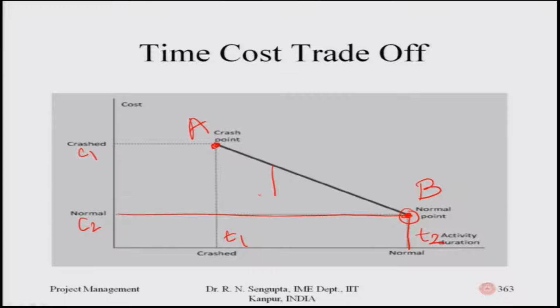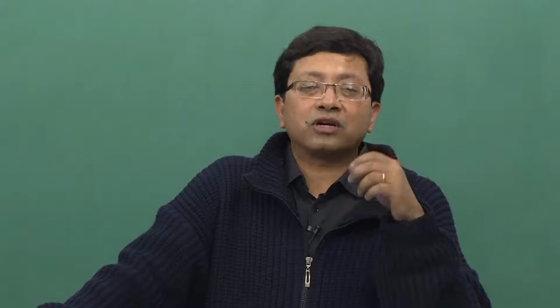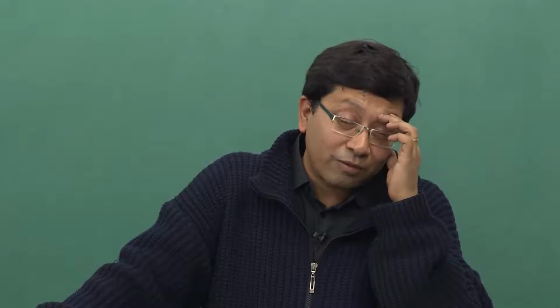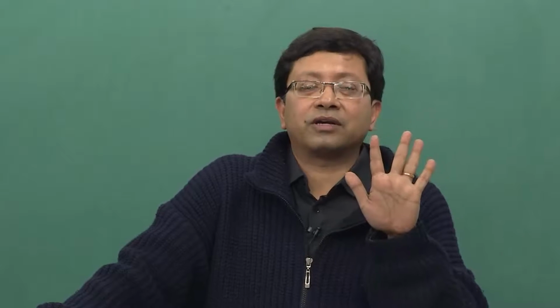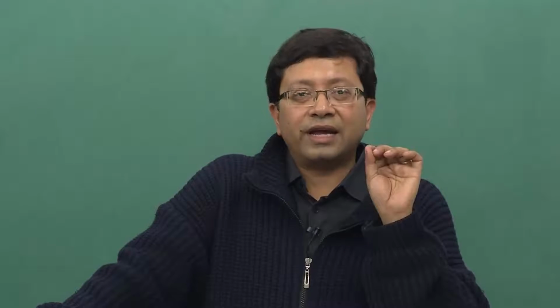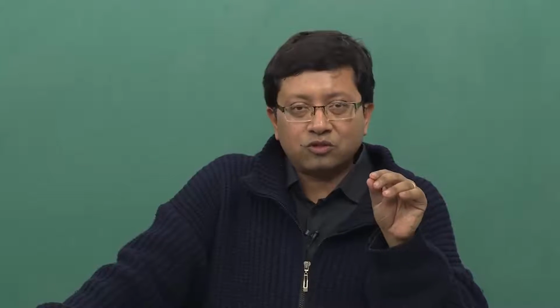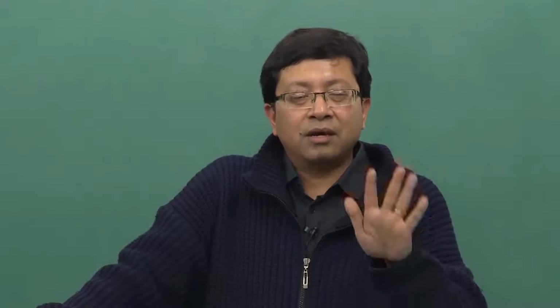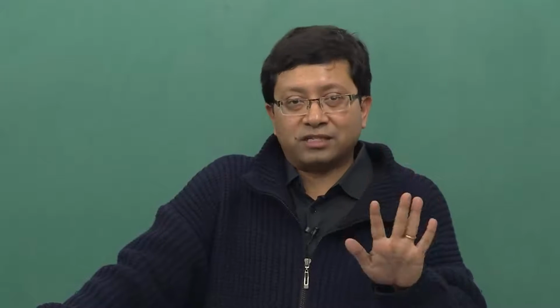So, what you are interested to find out is the rate of change of this cost, such that if you are decreasing the duration from 10 to 5 days, there is a 5 days reduction. You will try to find out the overall cost implication for the project for those 5 days. If you know the per day increase in cost is 100 rupees, it will be 5 into 100, but the things are not that simple.